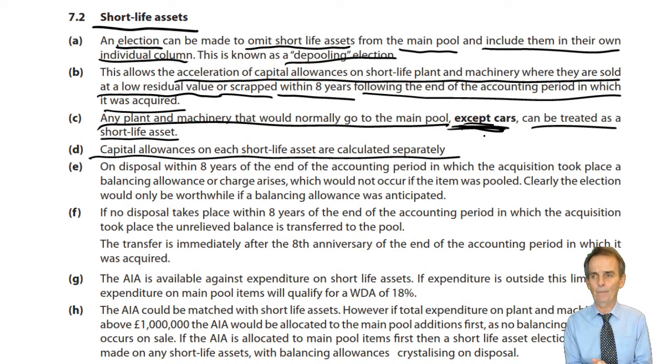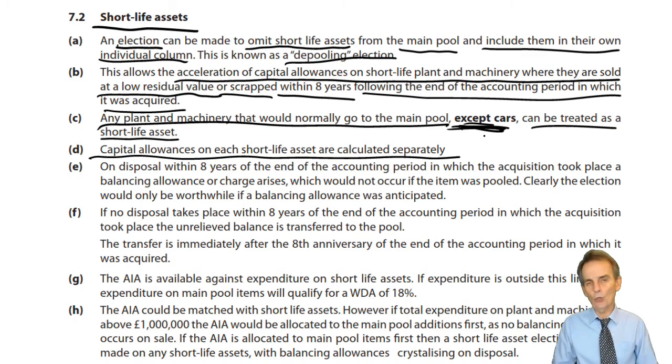And the reason why: when a non-pool asset is sold, what do we do? We bring forward the tax written down value. We are anticipating now a high tax written down value because we'll have a year, 2, maybe 3 years. It's usually not a very long life where we make this election. We'll have a relatively high tax written down value and a low residual value.